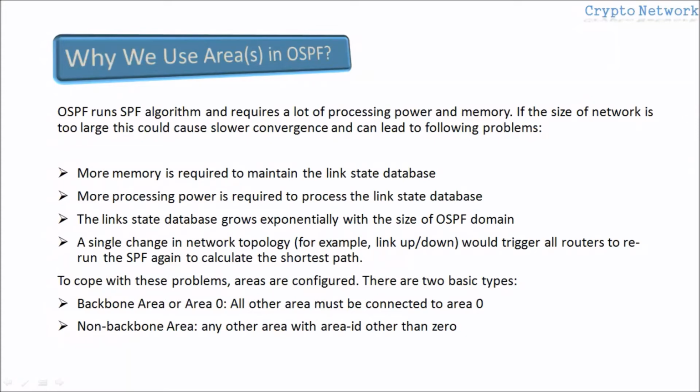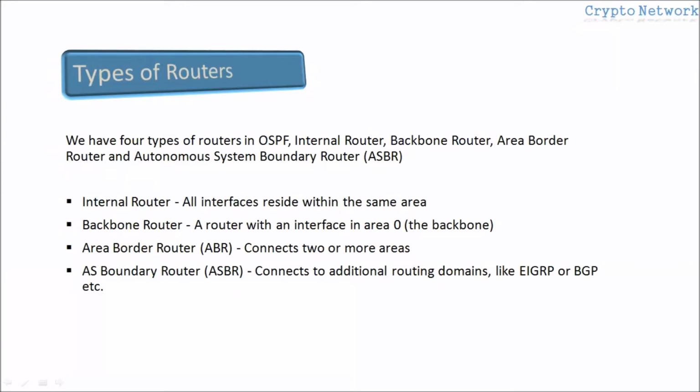Alright, so we have different types of routers in OSPF, specifically 4 types of routers. They are internal, backbone, area border router, and autonomous system boundary router. Backbone router, at least one interface assigned to area 0. We have internal routers, all interfaces in a single area.